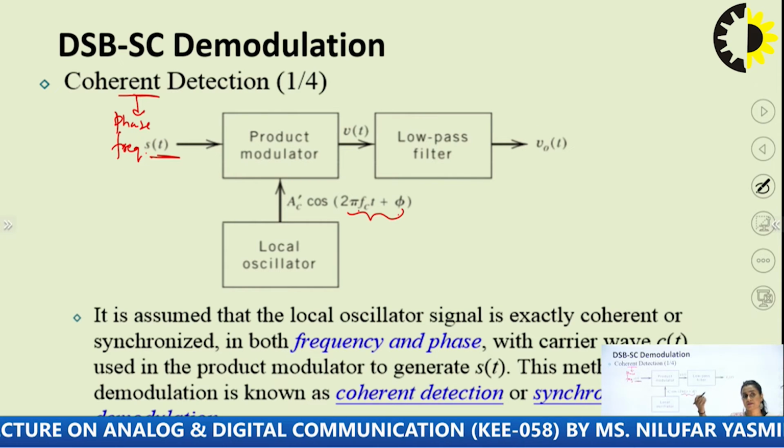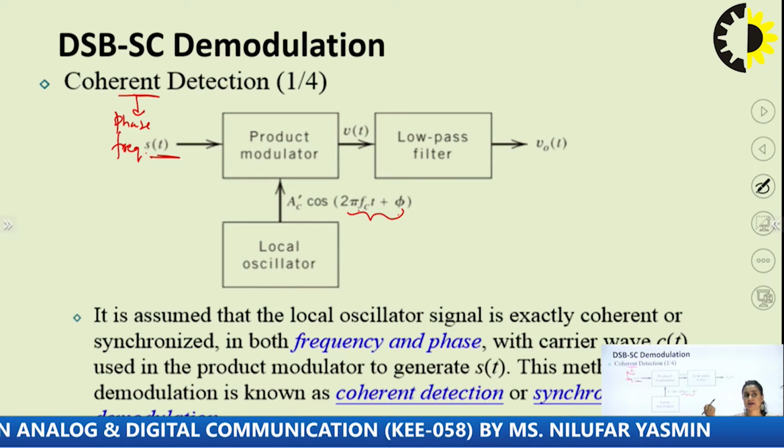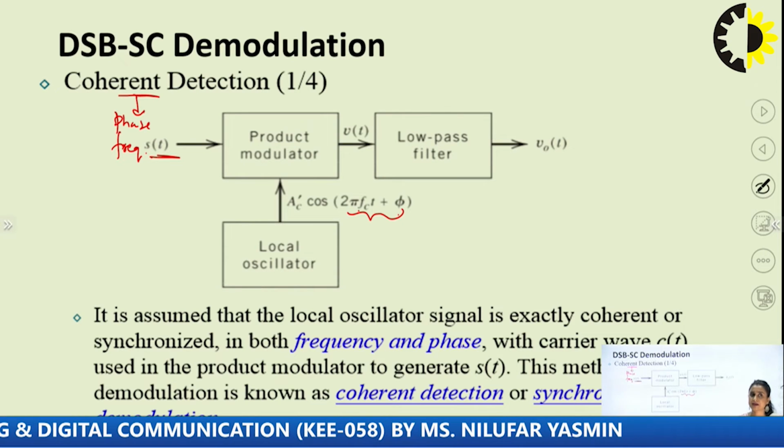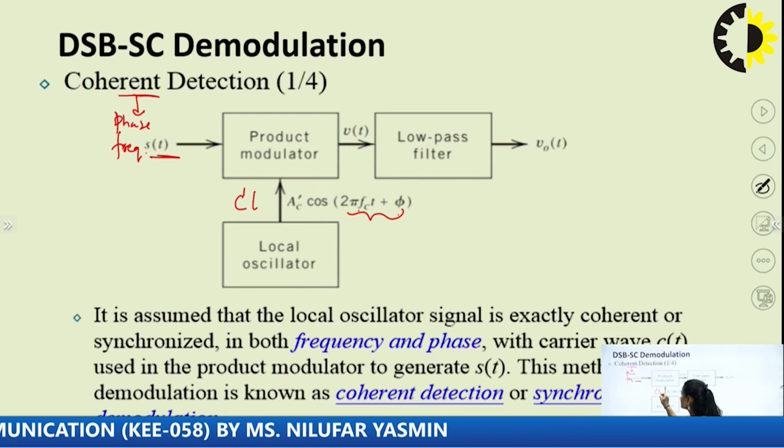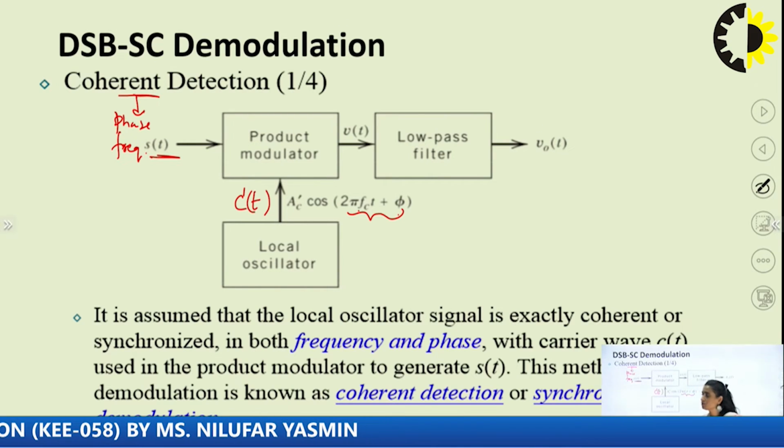And in what sense is it similar? In phase and frequency, right? So I am not representing it with c(t), I am representing it with c'(t), because my motive is to make c'(t) exactly equal to c(t), but there are some practical limitations to it.